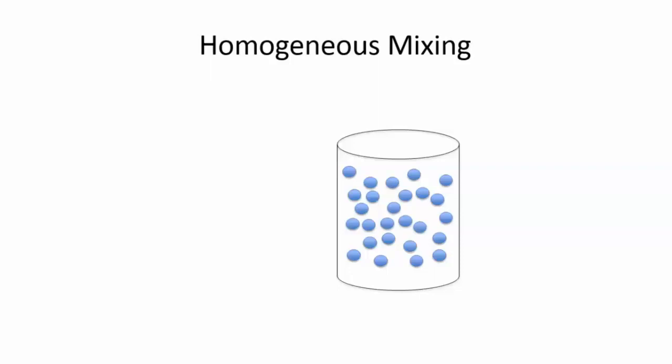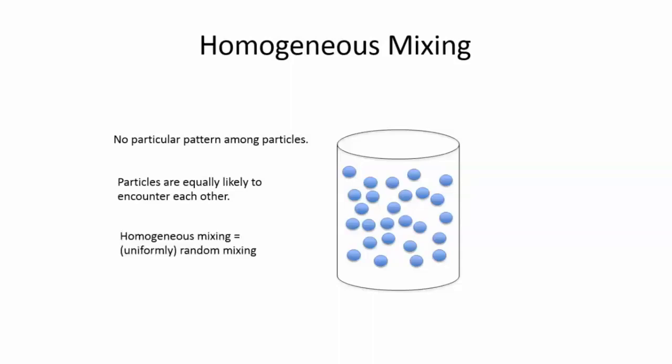When we refer to homogeneous mixing, we're referring to a population in which individuals and particles are not really displaying a particular pattern. In a way, this well-mixed condition means that particles are equally likely to encounter each other because they are so well intermixed, right?